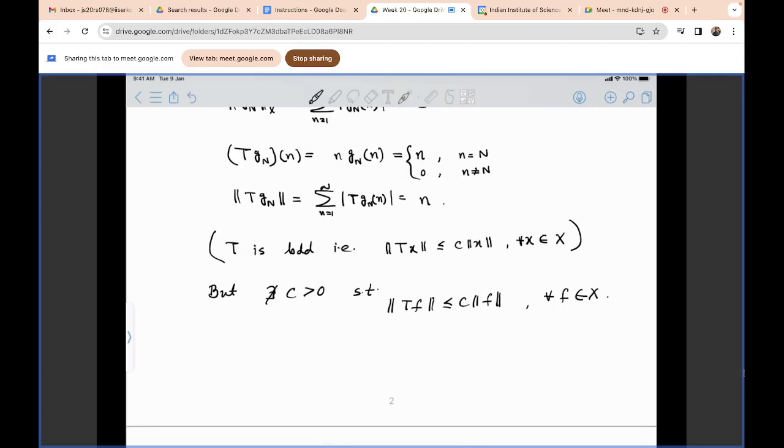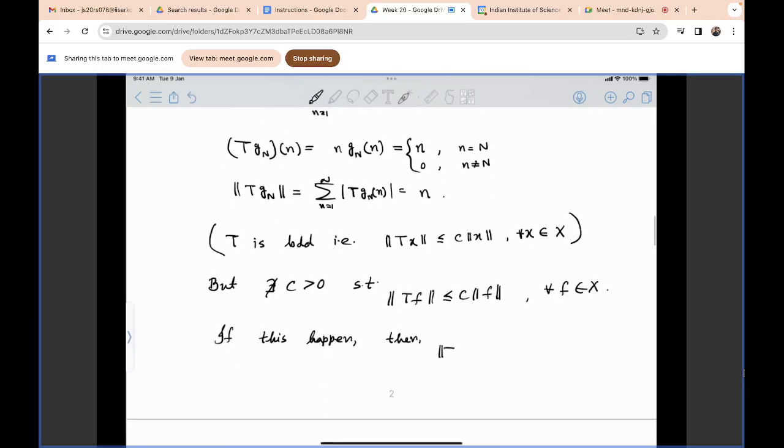Why? Because if this happened, then for all such f in X, since Gn is in X, T of Gn would also satisfy this, and you would get N is less than or equal to C times the norm, and this norm is 1.